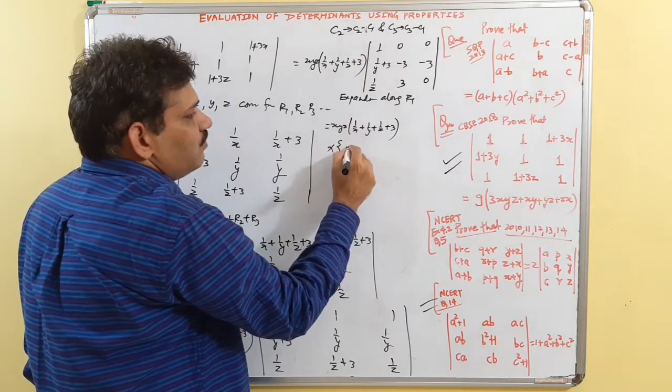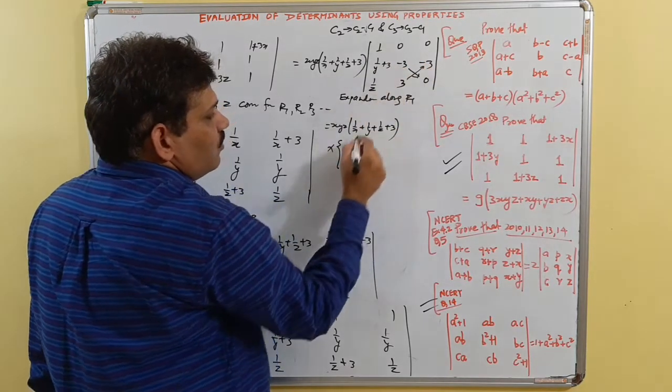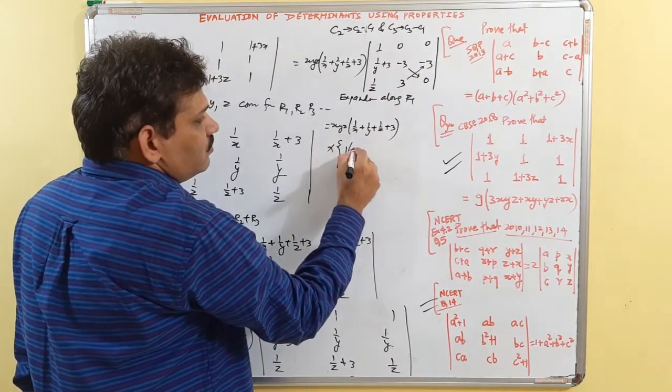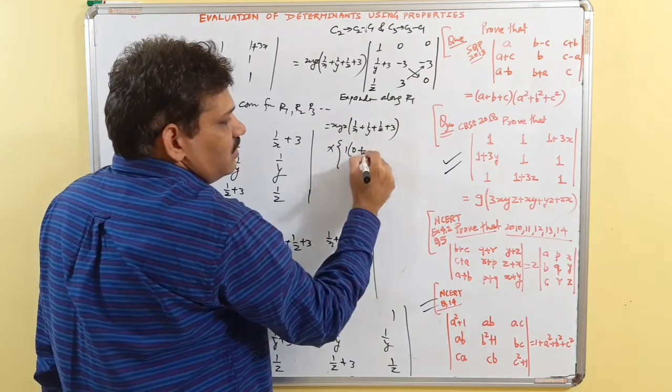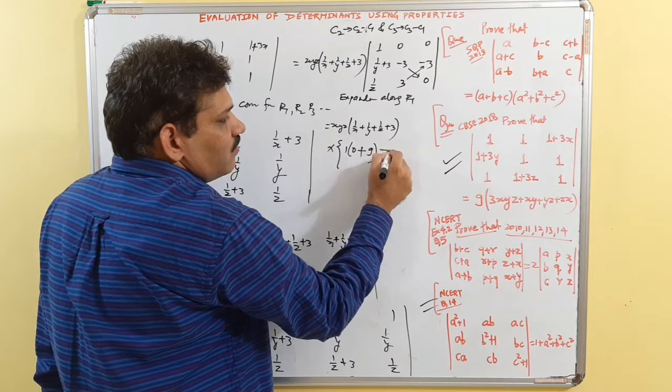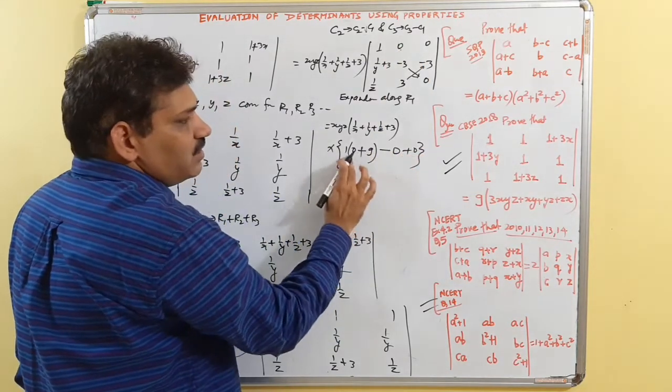This determinant will give me 1 into 0 minus of minus 9, that will give us plus 9 minus 0 plus 0. So finally this is 9.